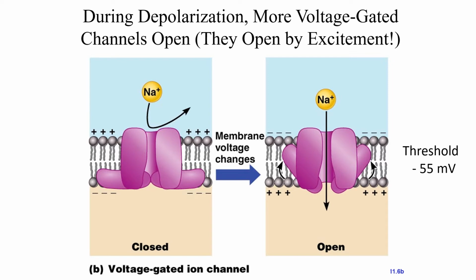Instead, these neighboring sodium channels are so excited because there is a rush of sodiums coming into this cell that they open too. So it's like one set of doors open, another set of doors open, and then just like a domino effect or a chain reaction, more and more sodium channels open due to the excitement of having sodiums rush into the cells.